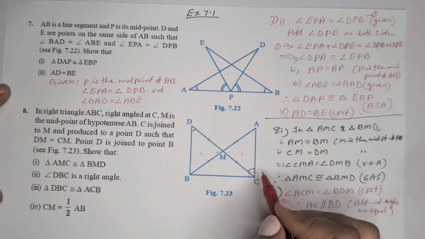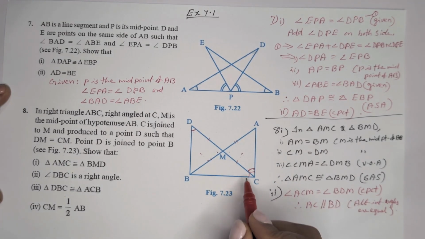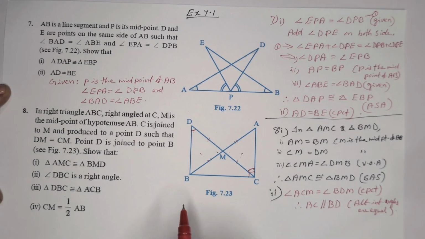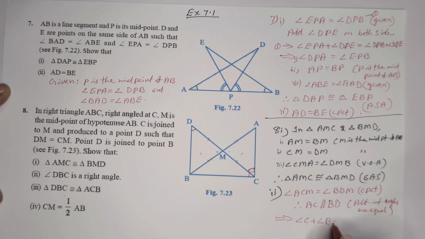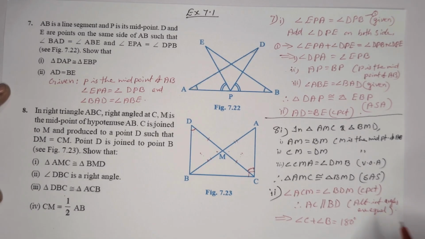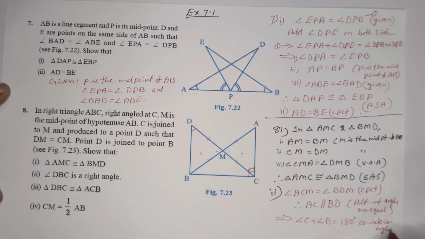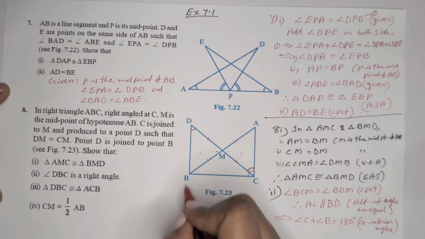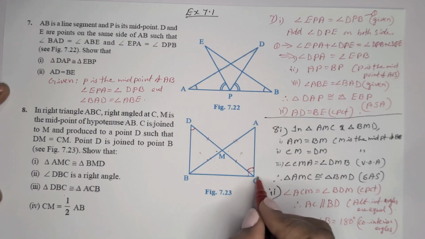If these two lines are parallel, then we can write angle C plus angle B is equal to 180 degrees. The reason is co-interior angles, which means these two lines are parallel and this is the same side of the transversal.